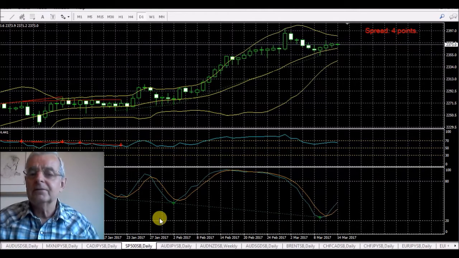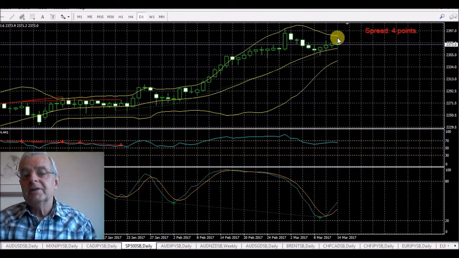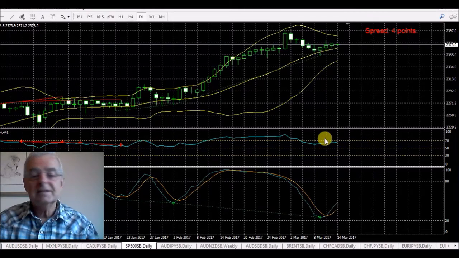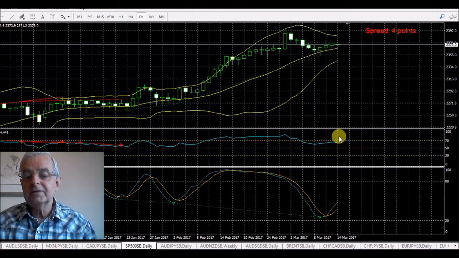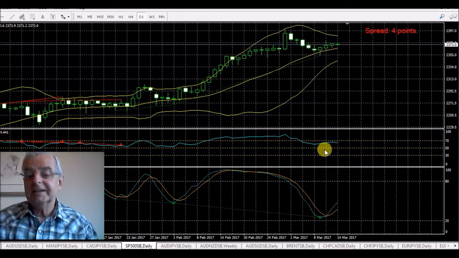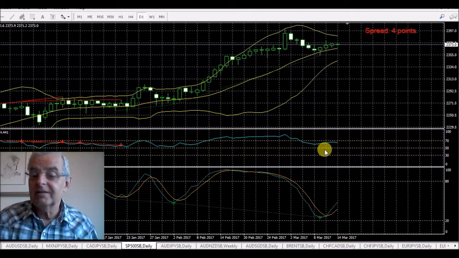S&P 500. Bollinger Bands have tightened up. The RSI has gone well below the 70. It's at 64,400 at the moment. To a lot of people that use the RSI, that is actually short.